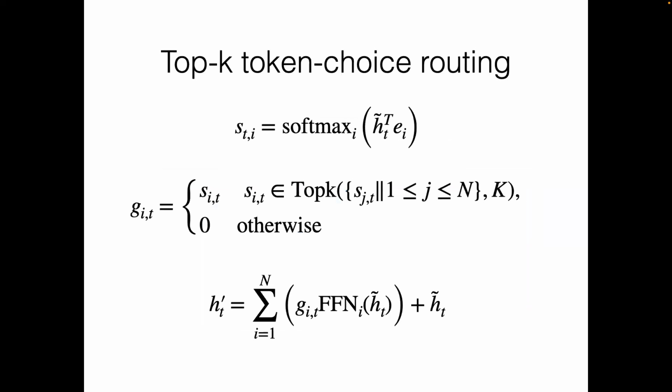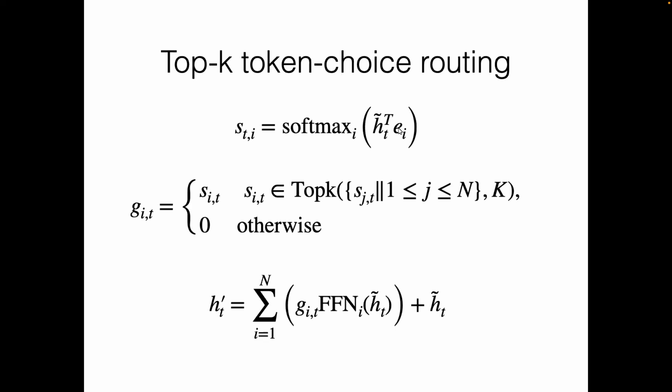So just to see this in notation, if you go through papers or if it helps to think about it more precisely, here's what I showed you written as notation. Up here we have the weight vector for the given expert i, and we have the current intermediate vector or state for token t.